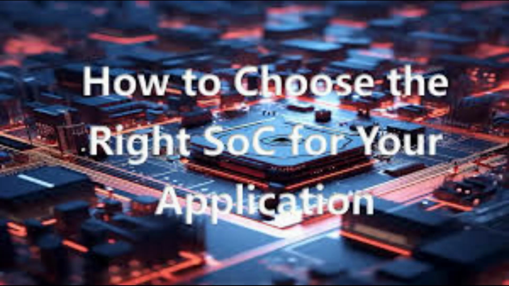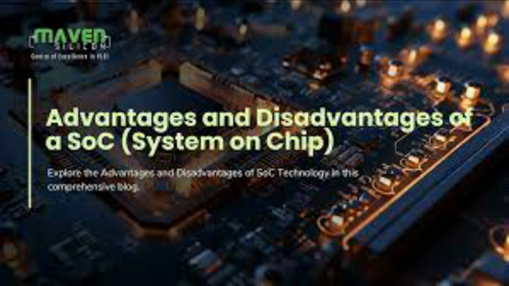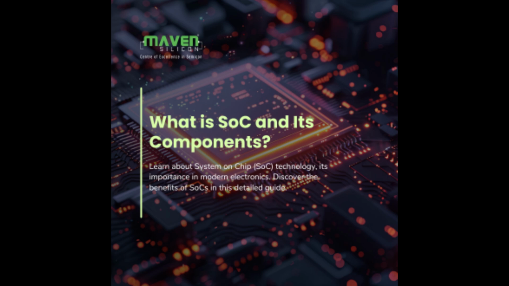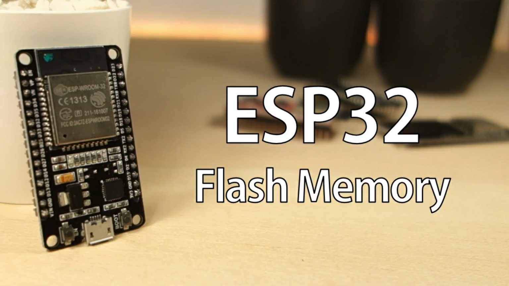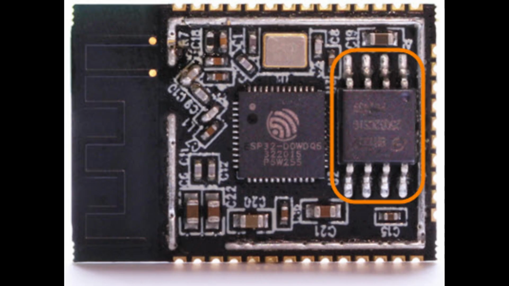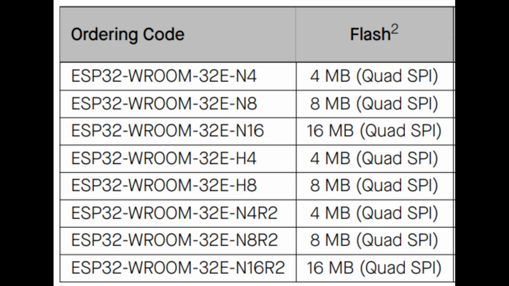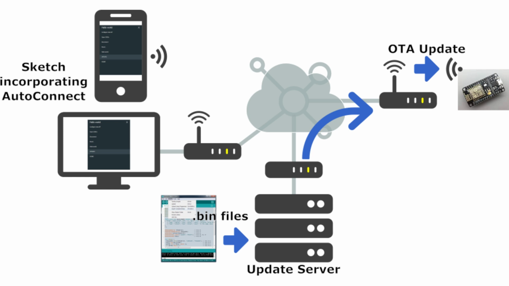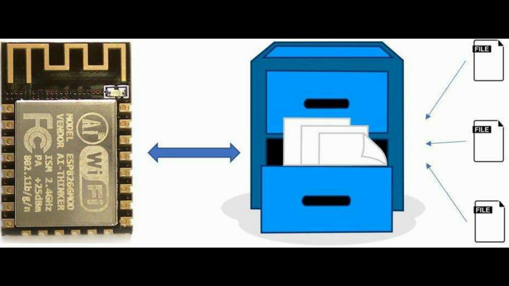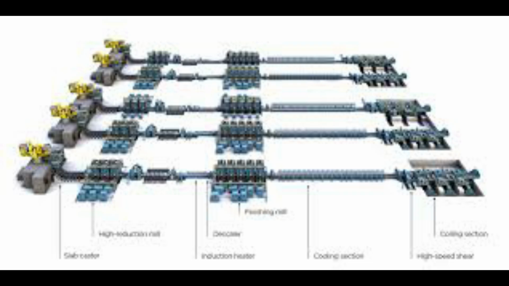Next we are going to look into the main specifications we want to know before buying an ESP development board or any chip. The first thing is flash memory size. The basic size is 4 MB, but you can buy higher configurations. This is mainly relevant for OTA and the file system, and if you are building a big, complex application you will need more flash memory.